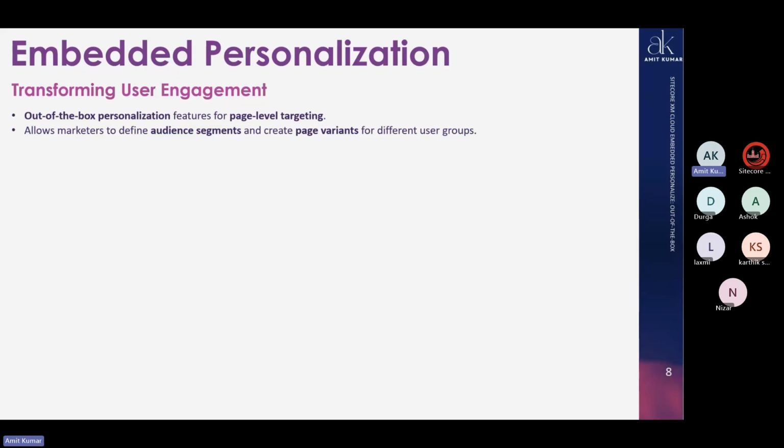It will allow your business users, content authoring team or marketing team to use the out of the box audience segmentation. For example, if I am coming to your website within 10 days, display this. Those types of out of the box segmentations are coming.